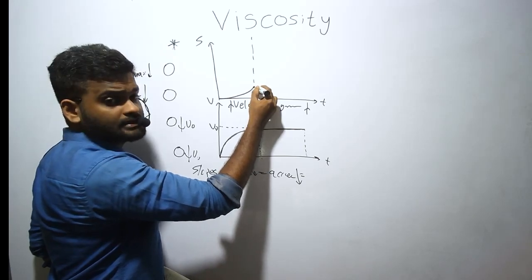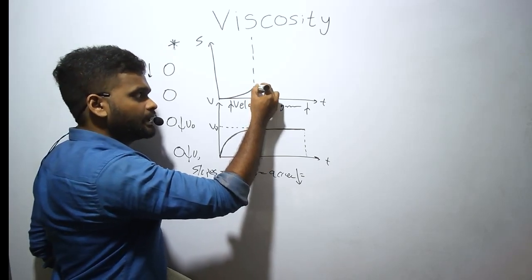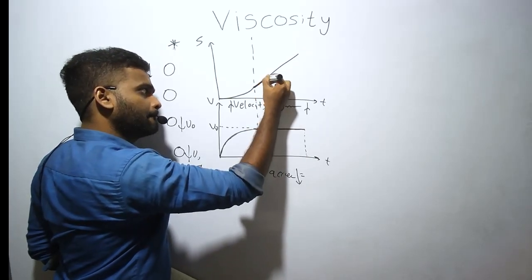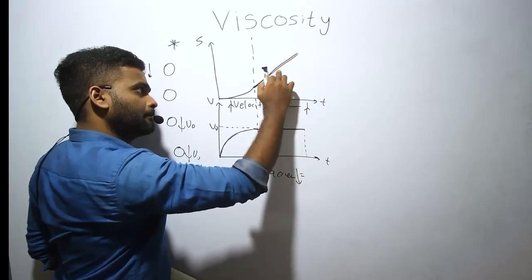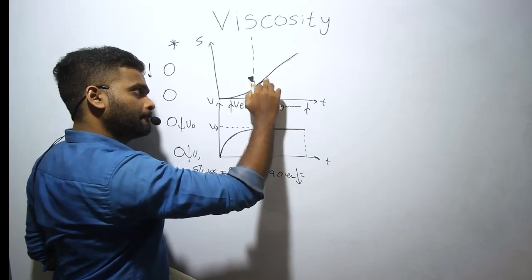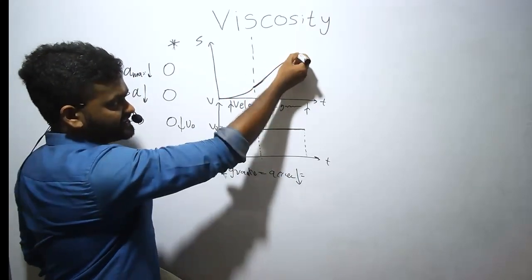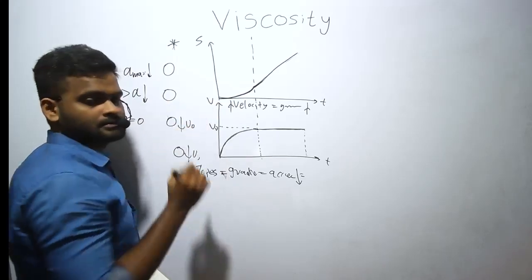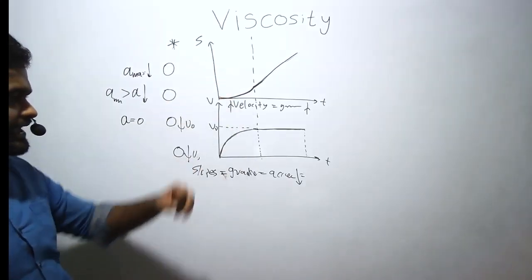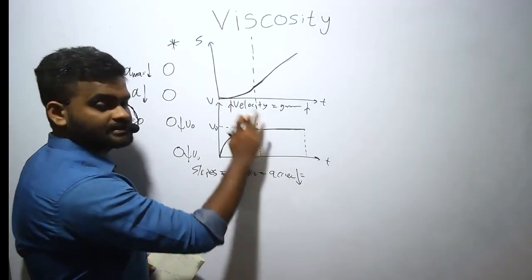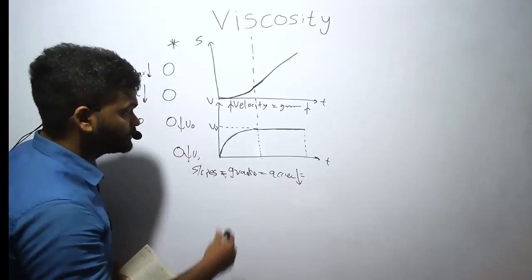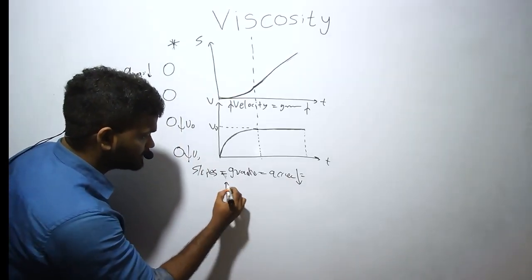Not 0, right? It is a constant. Like this. So this is a straight line. Here it is curved. So this is a ST graph. Then I'll draw AT graph, acceleration time.